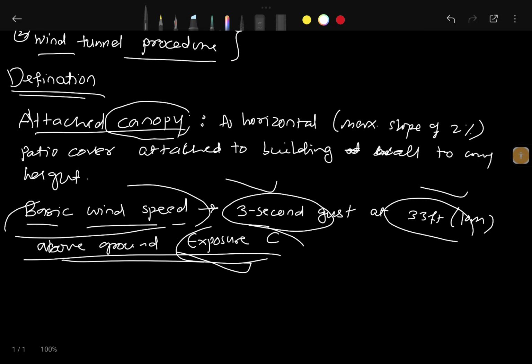Building, elevated, that means a building supported on structural elements where wind can pass beneath the building. Or building, enclosed, it means how many openings are present in that building. Building, low-rise, it means the building height.